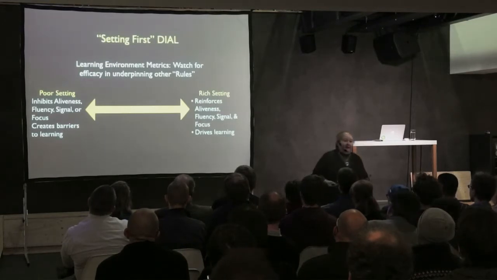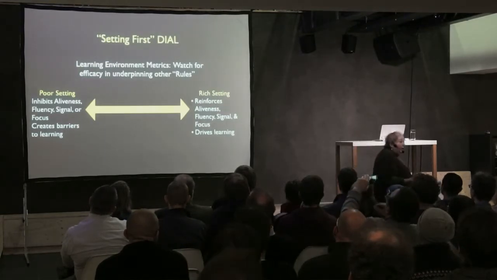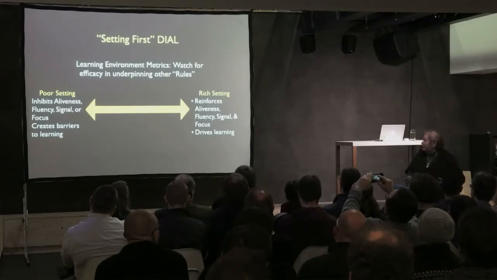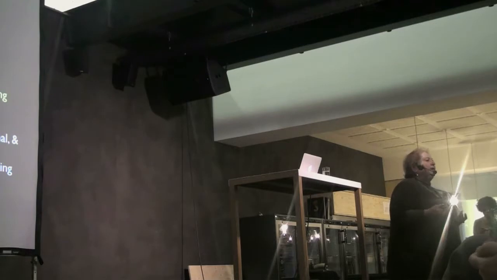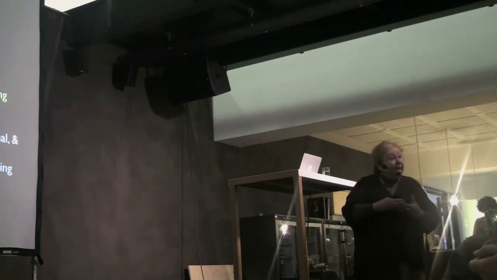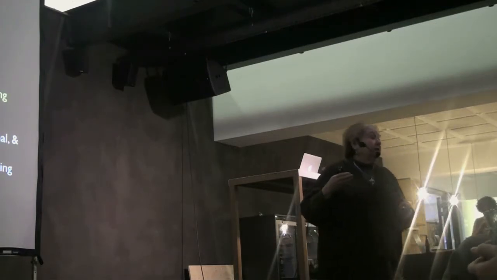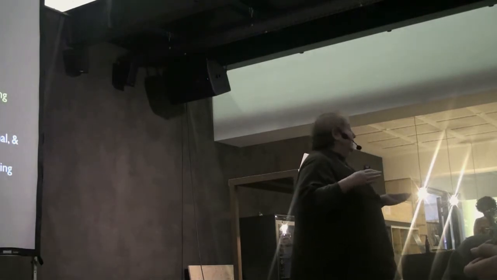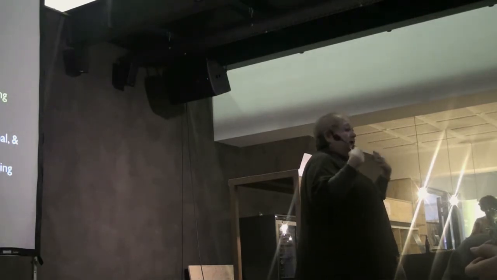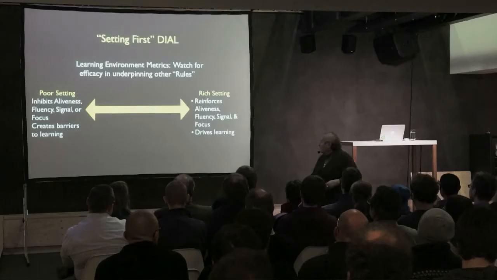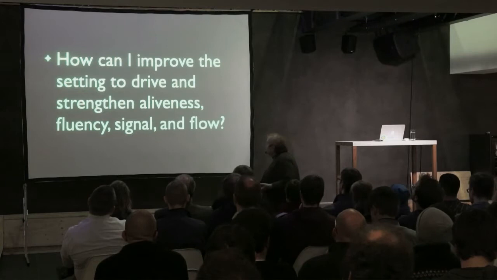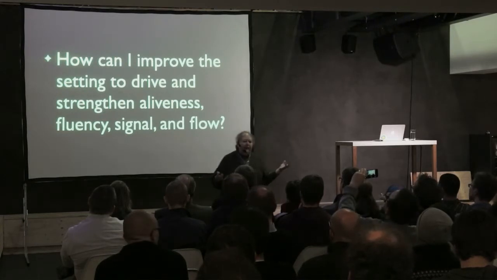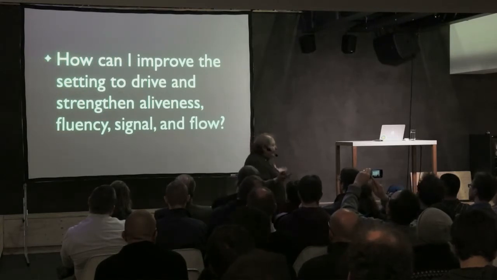A rich setting, the kind of setting that we want, reinforces those other rules, makes them more present, and really helps to drive the learning. It's not passive at all. It's a very active thing to have the right setting. So the question here is, how do I adapt this setting?